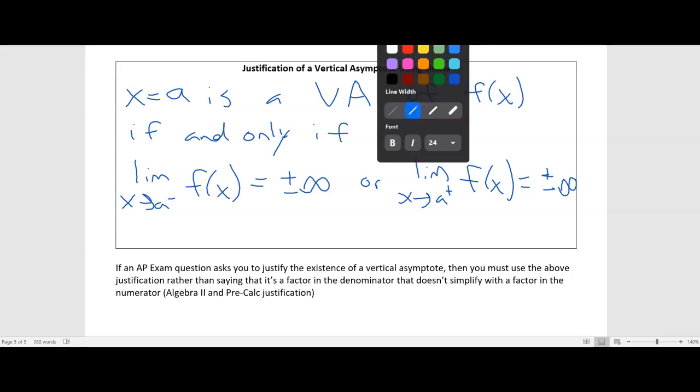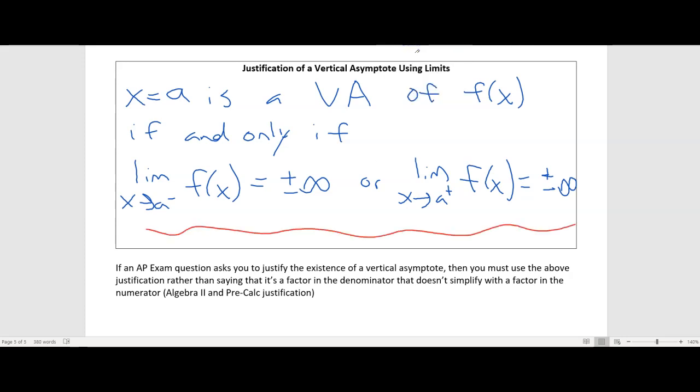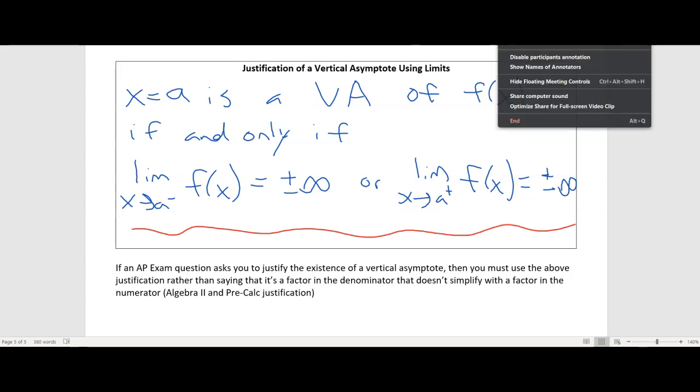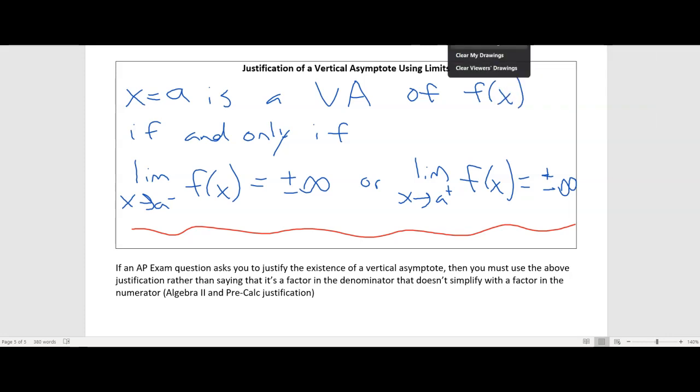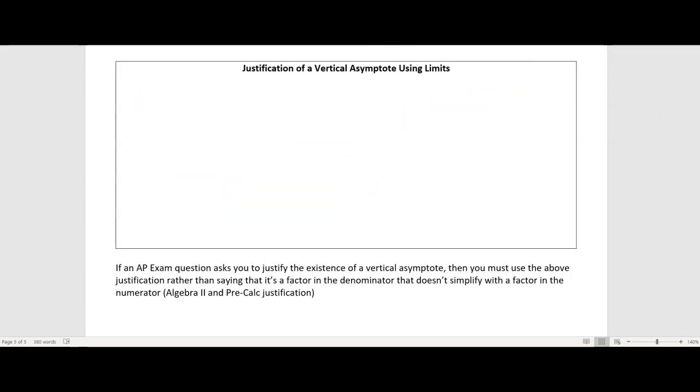You may wonder why only one of these limits has to approach positive or negative infinity for us to have a vertical asymptote, and you might think, well, why don't both of them have to approach one of the infinities? Well, let me leave you with this example to show you why.